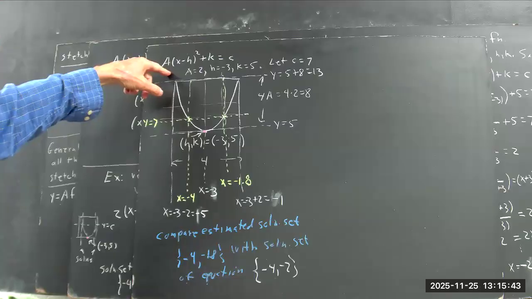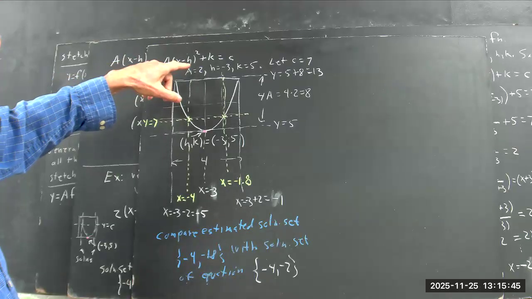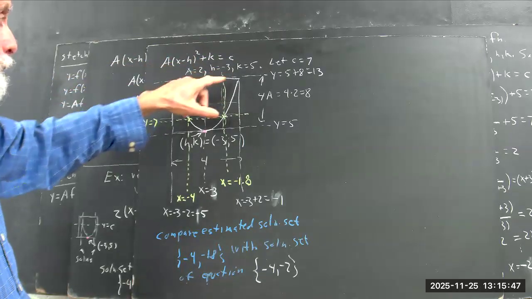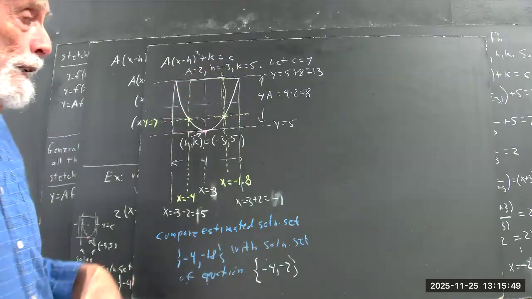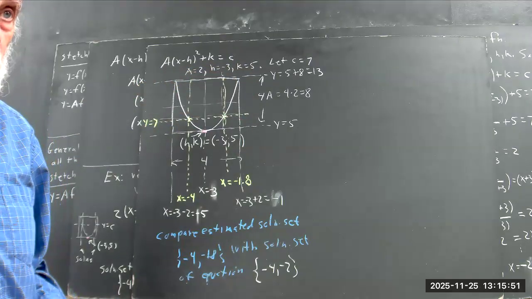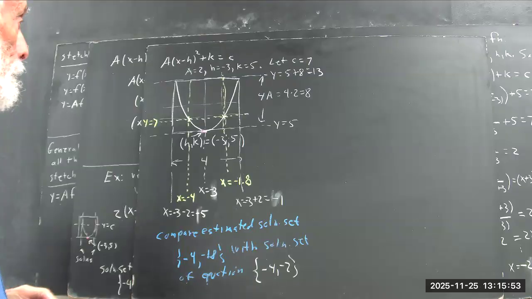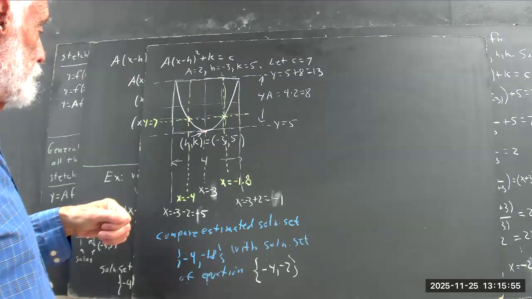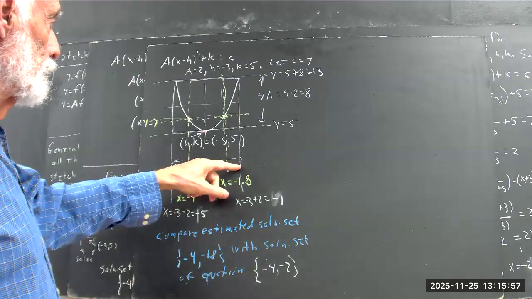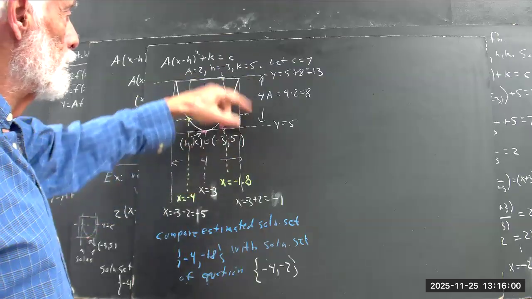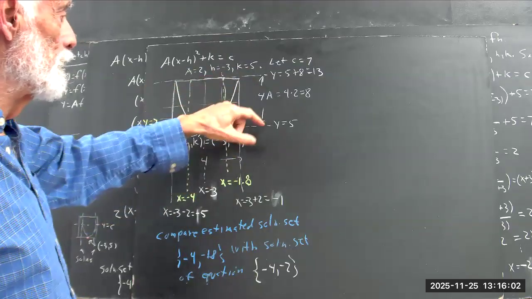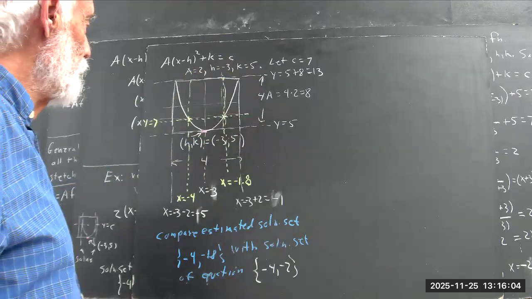Okay. Again, here's a times quantity x minus h squared plus k equals c for the same values of a, h, and k. The rectangle is 4 units in this direction and 4a units in this direction. a is 2, so it's 8 units in this direction.